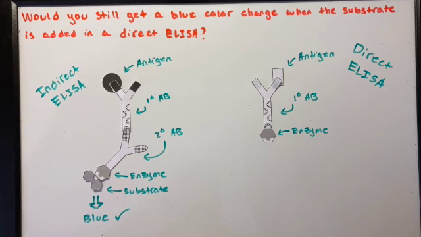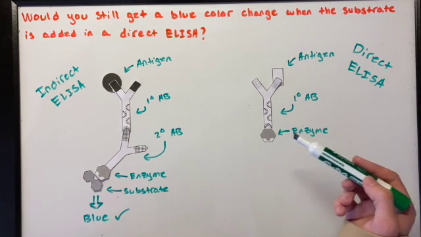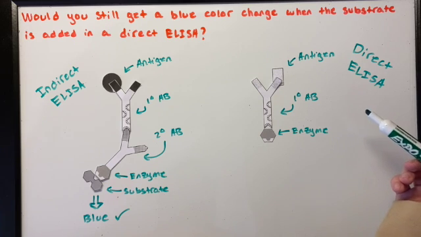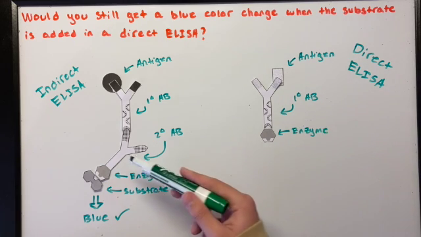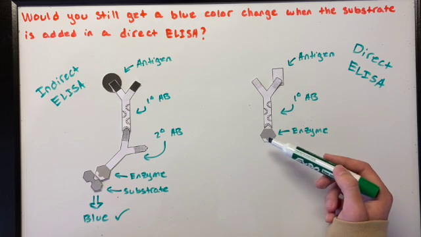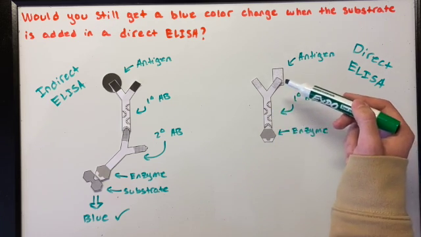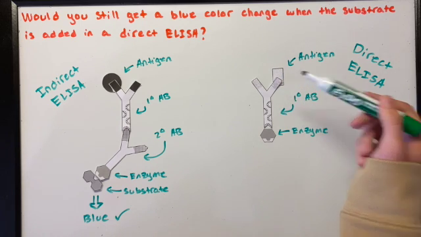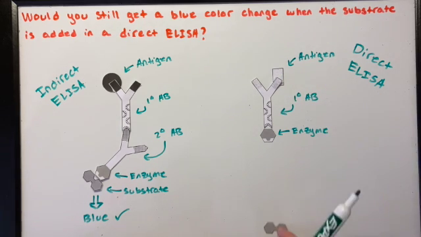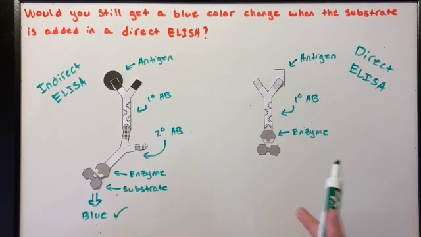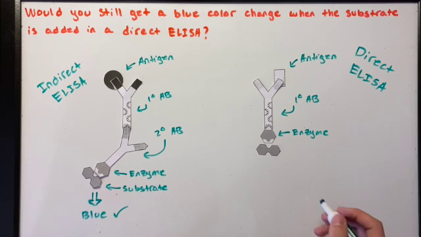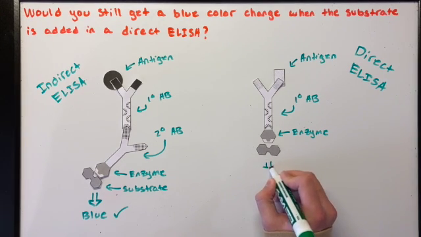In this question, we want to determine if the same blue color change will occur in a direct ELISA. The main difference between an indirect and direct ELISA is that in a direct ELISA, there is no secondary antibody present. Instead, the enzyme is directly attached to the primary antibody, which is directly attached to the antigen. If we were to add our substrate to our enzyme, then we would notice that a blue color change would still occur.